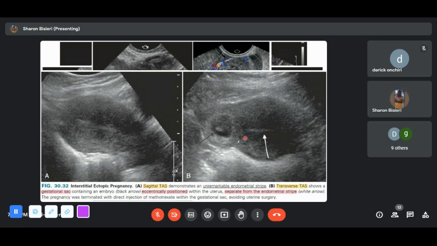Yes, the thickness of the endometrium will depend on the hormonal influence. If the patient does not have enough progesterone, they won't have good enough endometrial development. So it can be very varied. It can be thickened.